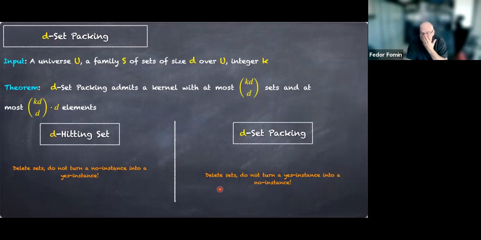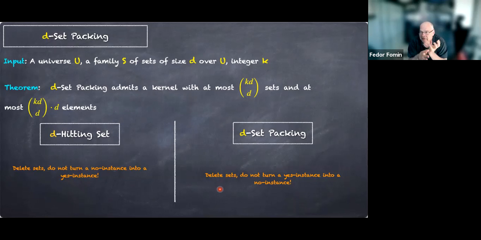For hitting set, when we delete edges, if we had a yes instance, we still obtain a yes instance. The only place where we should be careful is that we shouldn't delete too much, because if we had a no instance, maybe when we remove sets we can obtain a yes instance. This is what we really have to check, and that was the most difficult part of the proof.